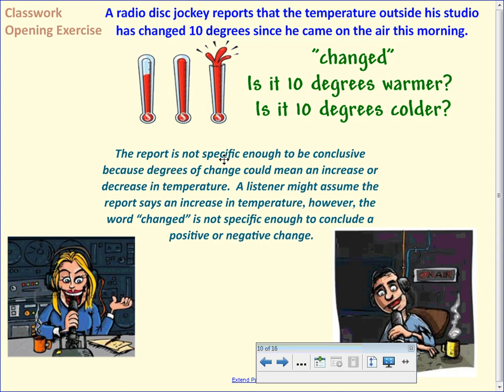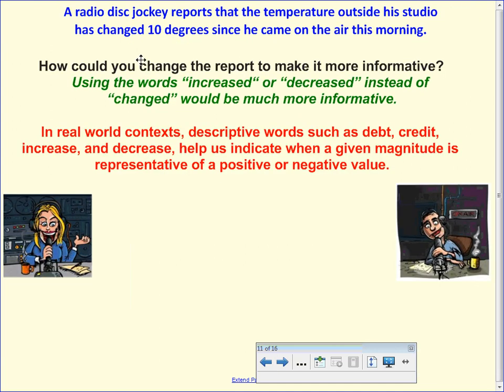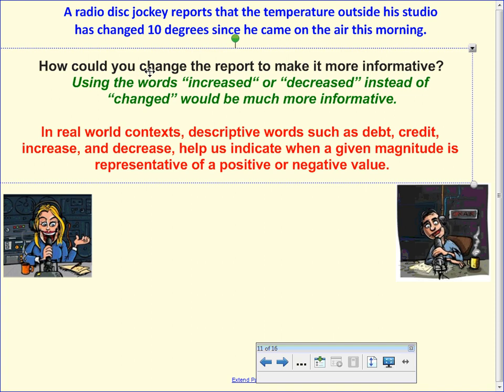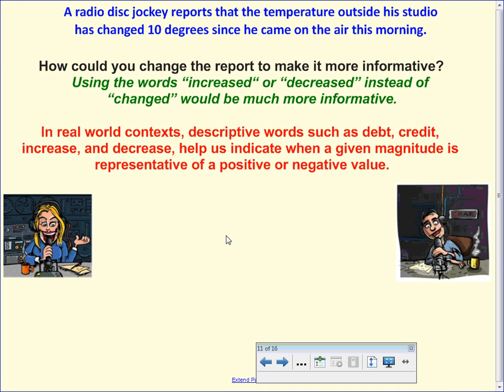It's not specific. So instead of saying changed, what could he have said to say that it got warmer? Increased. And what could we use to say it got colder? Decreased. Exactly.